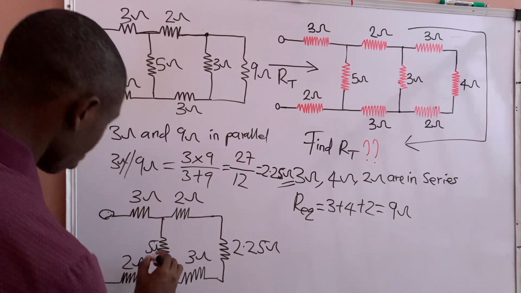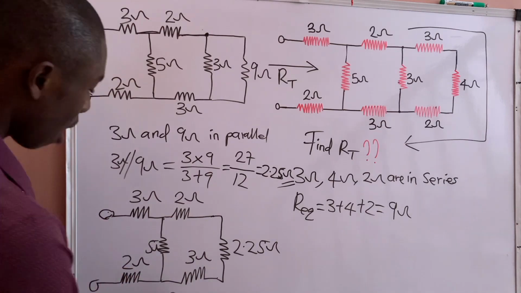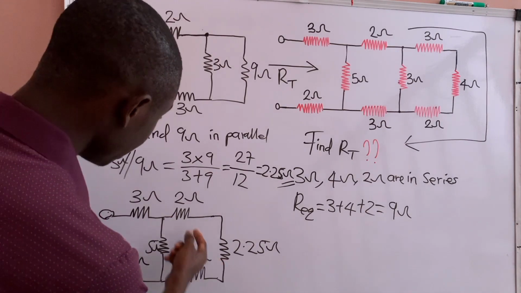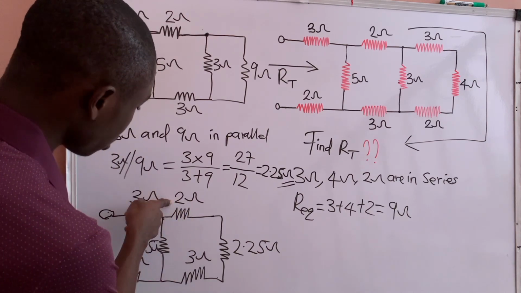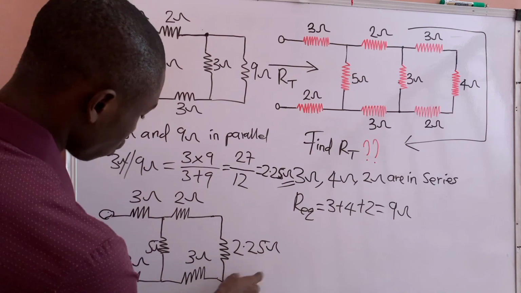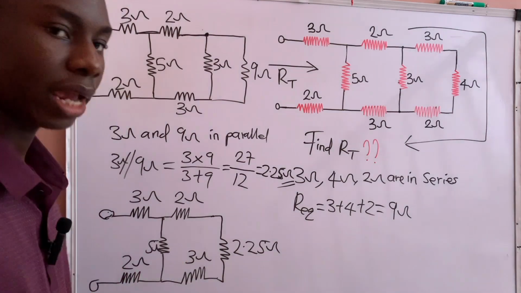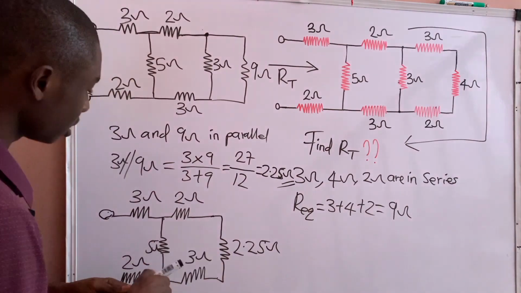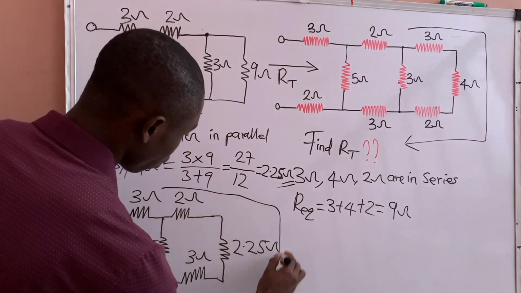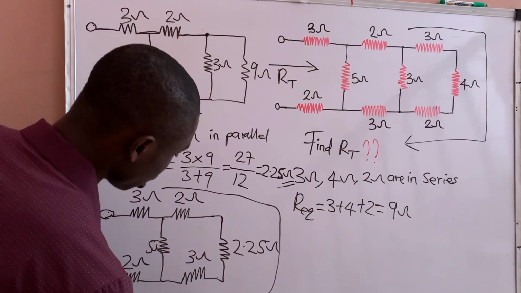And here will be 2 ohms. From our second redrawing, the 2 ohm resistor, 2.25 ohm resistor, and 3 ohm resistor are in series, because the same current will flow through the 3 of them.